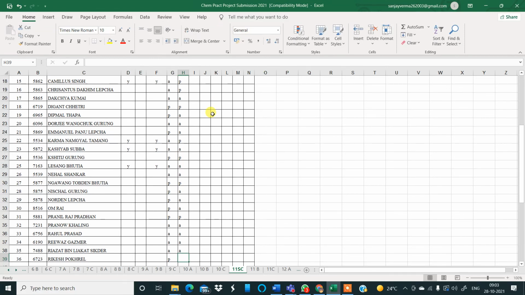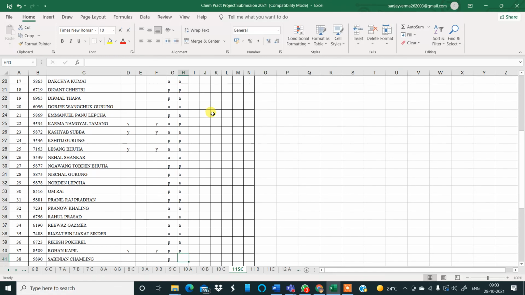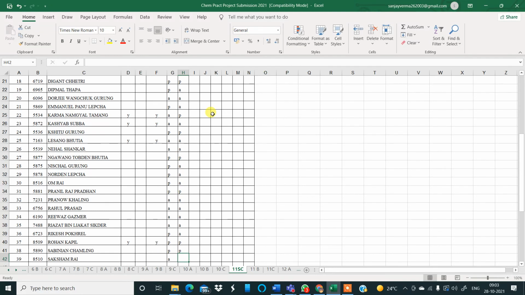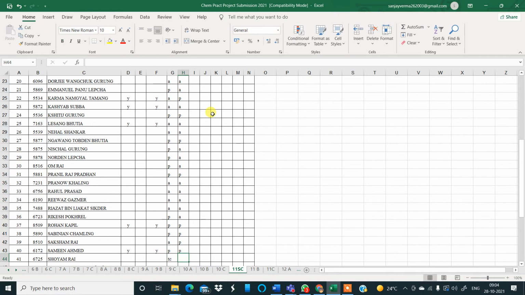Rikesh Pokhrel, Rohan Kapil, present, sir. Sabanian Jamling, present, sir. Saksham Rai, present, sir. Samin Ahmad, present, sir.